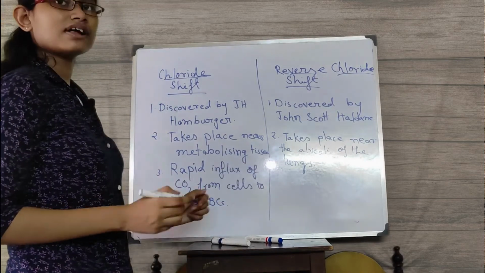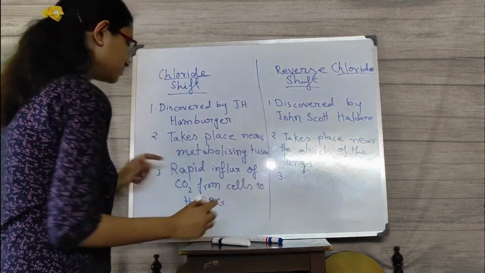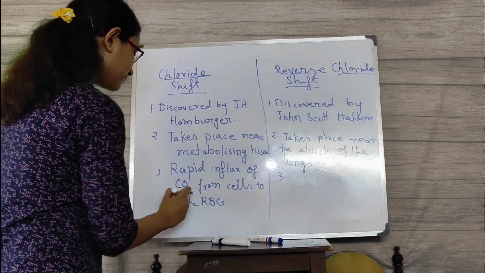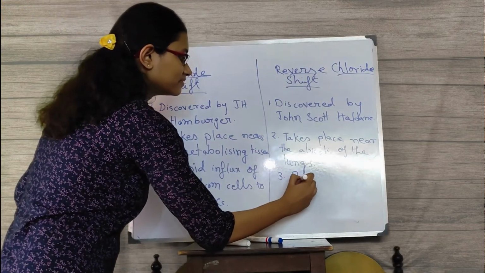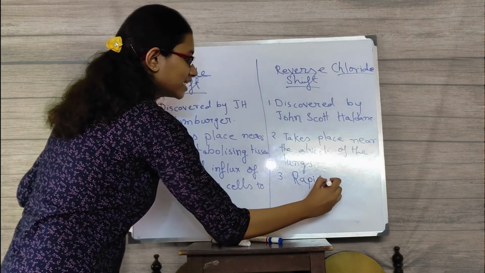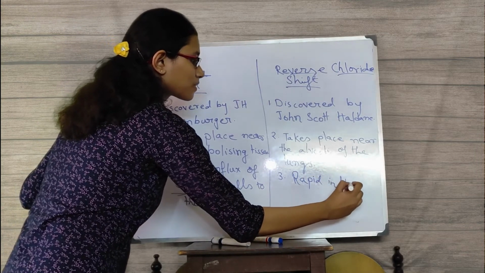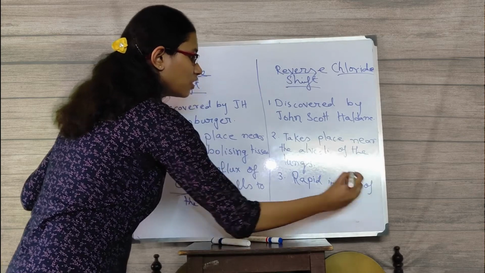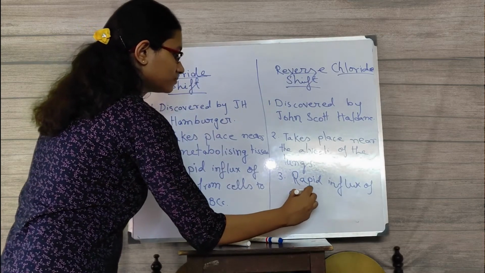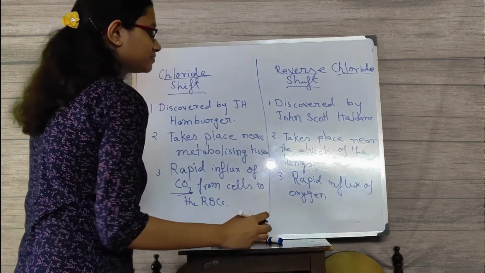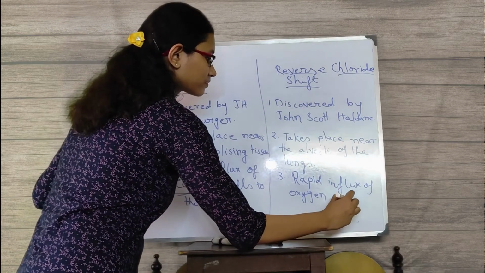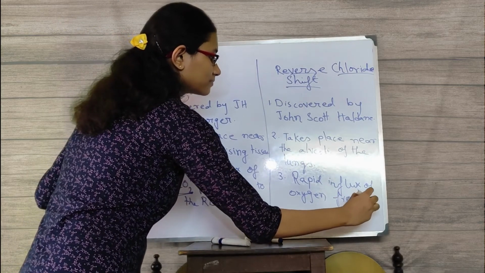Here it's carbon dioxide, and here there is a rapid influx of oxygen from the alveoli.